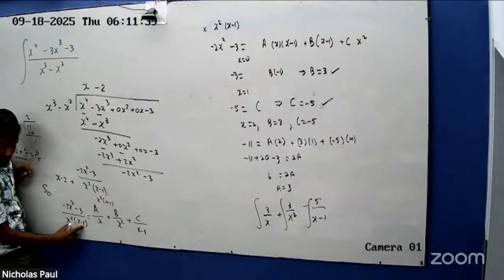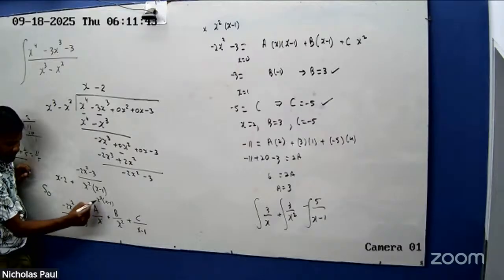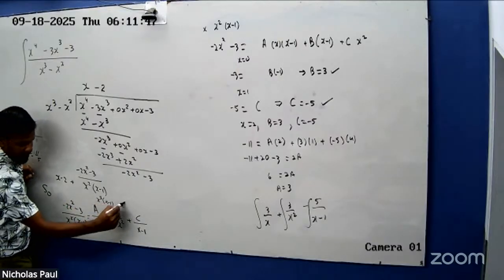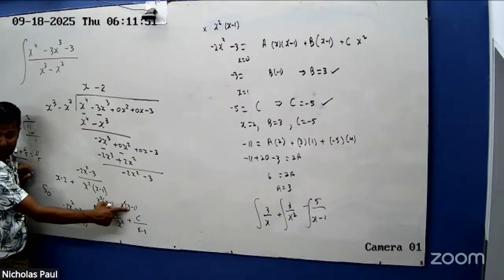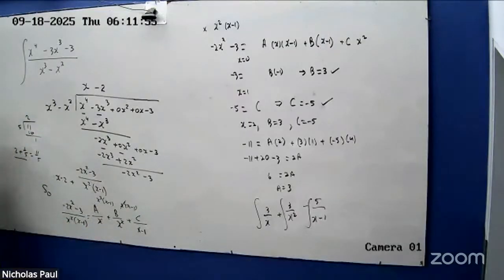You're multiplying this here by this term. The x will cancel. So you'll get that. Then you're multiplying it here. That will cancel. And then x will cancel and you get x squared. That's okay? So you multiply each one.